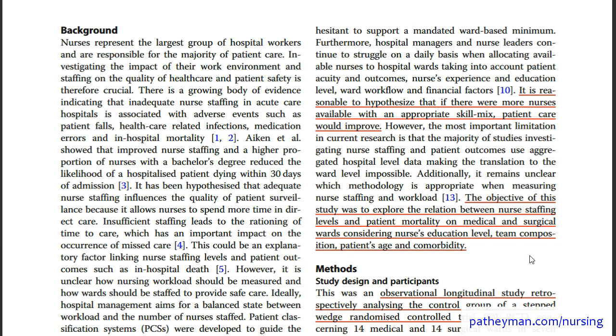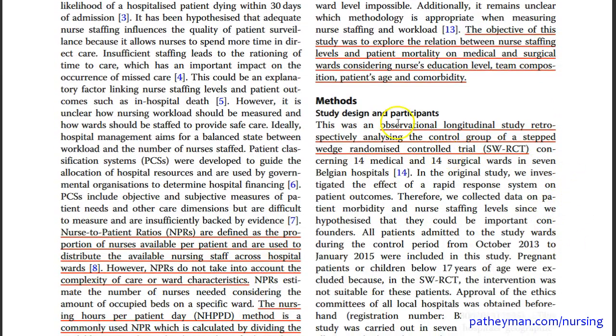So as far as the statement of this goes, right here we see this was an observational longitudinal study retrospectively analyzing the control group of a stepped wedge randomized controlled trial, which is the SWRCT. Now, it is extremely important to really parse what's going on here.